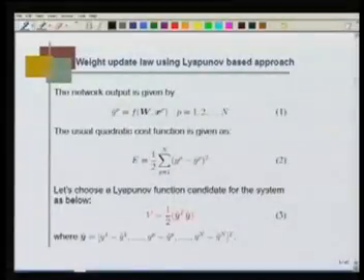Okay. So, the weight update law using a Lyapunov-based approach. Normally, given a network which is characterized by the weight vector W, as we have already discussed, and the input vector is x_p, the network output is y hat p.